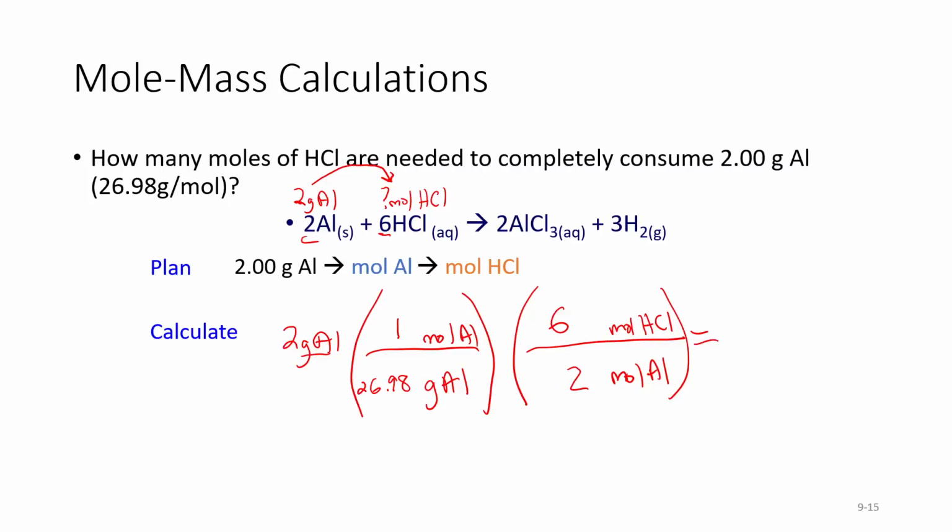So we can do 2 times 6 to give us 12, and divide that by 26.98 times 2, which is 53.96, because that's that times that. When we do 12 divided by that, we get 0.222 moles of HCl. We cross off our units here, and we're left with moles of HCl.